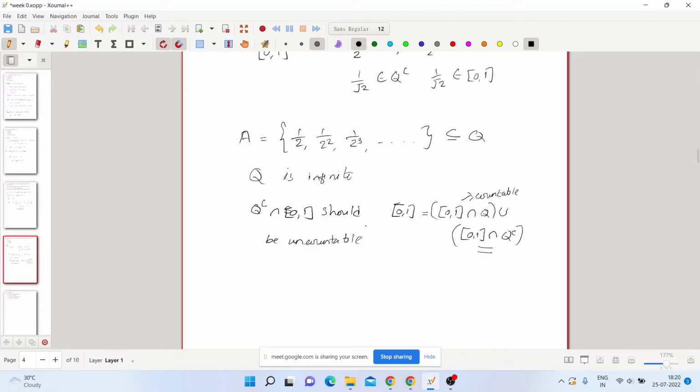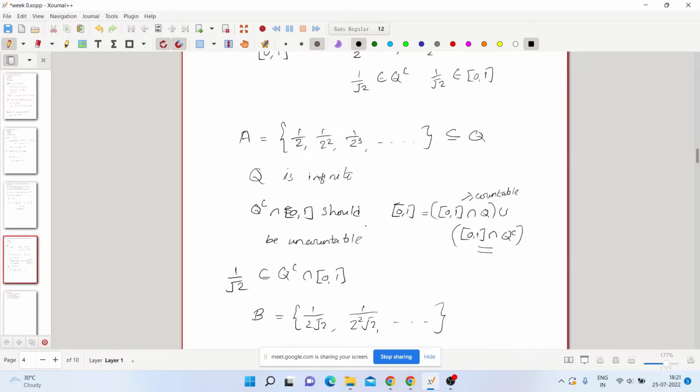Alternatively, we can say here we have A as a subset of Q, and we are considering an element 1 by root 2 in Q complement intersection closed 0 1, that is an irrational in 0 1, and we are multiplying this 1 by root 2 with each of the elements of A. A rational into an irrational means it is an irrational. So we will get one set B as 1 by 2 root 2, 1 by 2 square root 2, and so on.